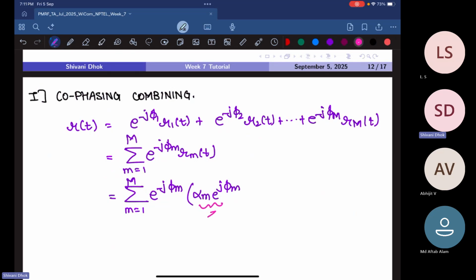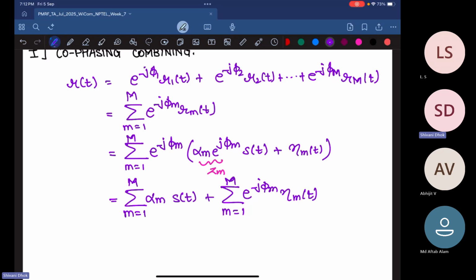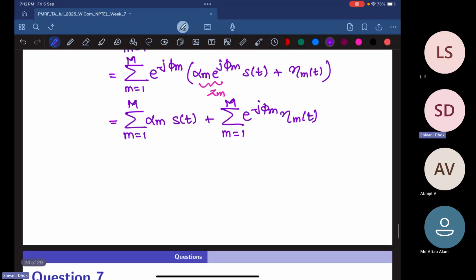This is basically your Zm into s of t plus eta m of t. Now if I separate it out, I'll have summation m equal to 1 to capital M alpha m into s of t plus summation m equal to 1 to capital M e power minus j phi m into eta m of t. So this is your signal term, and this is basically your effective noise.